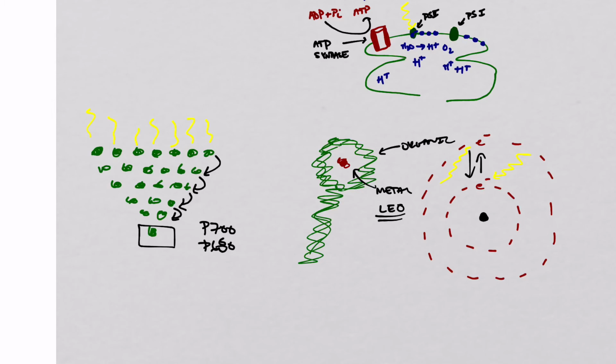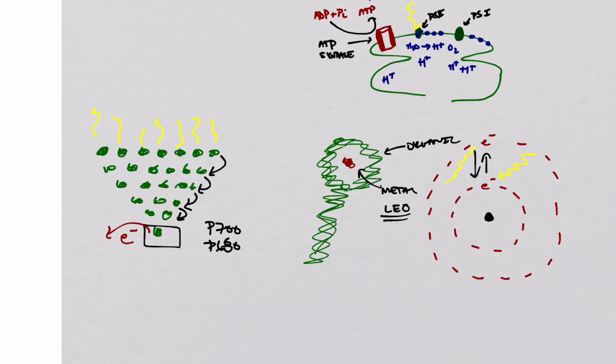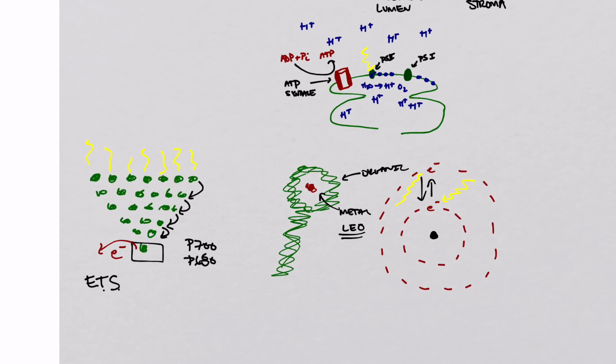But this last chlorophyll molecule is going to receive all this energy, and instead of the electron just bumping up an energy level and then falling back down, it actually gets so much energy that it can kick an electron off and donate it to the electron transport system, or the ETS. So that's how a photosystem gathers light energy, focuses it in, and uses it to excite a high energy electron.